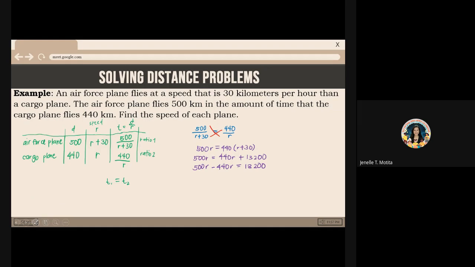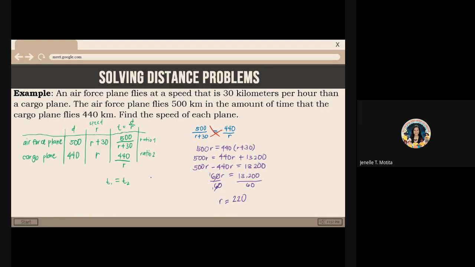Let's simplify it again. 500R minus 440R, that is 60R, is equal to 13,200. Divide both sides by 60 so that R is left. Cancel out these zeros. So R is equal to 13,200 divided by 60. So you'll have 220. This is the value of your R.